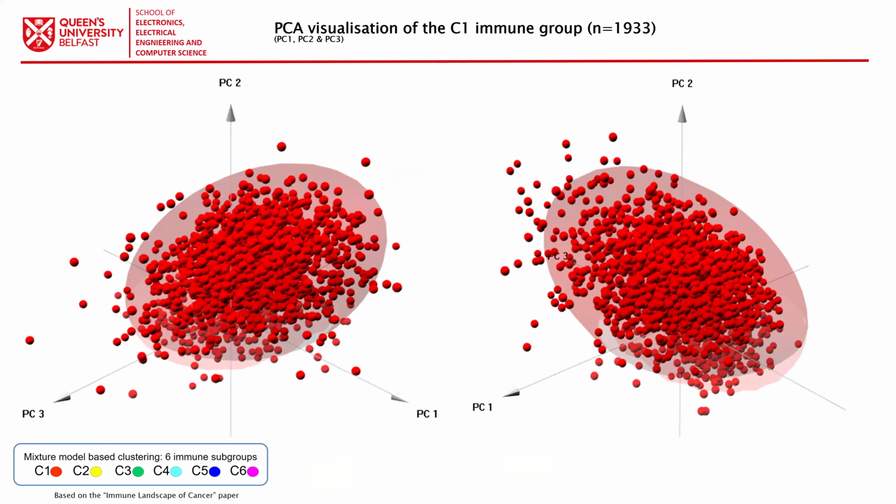Okay, so if I just focus on individually providing the plots using PCA 3D, and just for the C1 immune subtype or subgroup, I can get this visualization, which is really nice, and from different angles, as you can see, PCA 1, PCA 3, PCA 2, PCA 1, 2, 3.